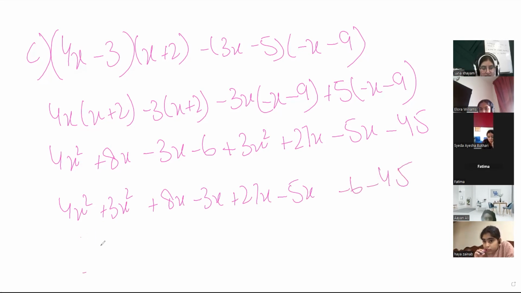So we'll have 7x square over here, and do this calculation, it's going to be minus 8 and 8 over here. This and this get cancelled out. Minus 3 and minus 5 gives you minus 8, right? And then plus 8 gets cancelled out over here like this, and then we are left with plus 27x minus 51. Is this the answer at the back?